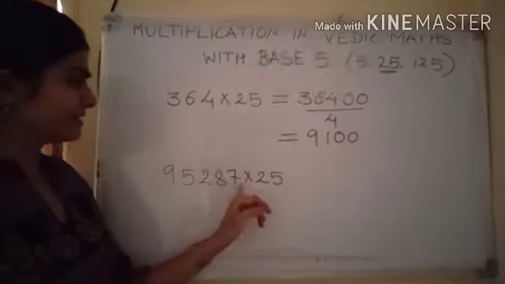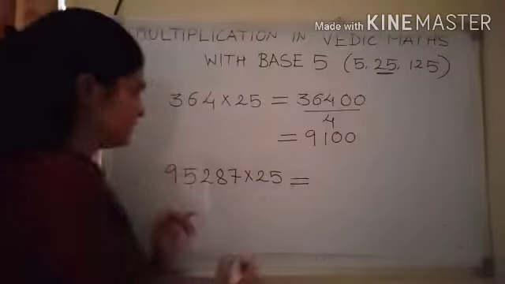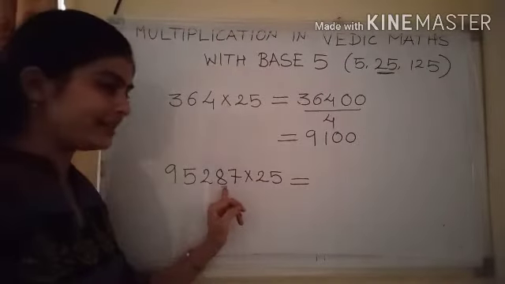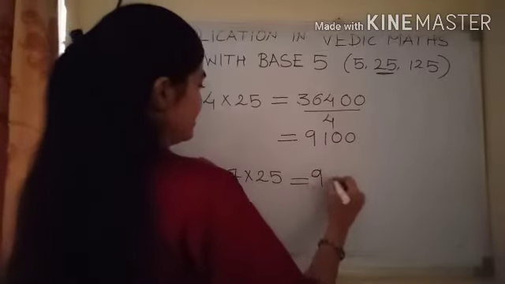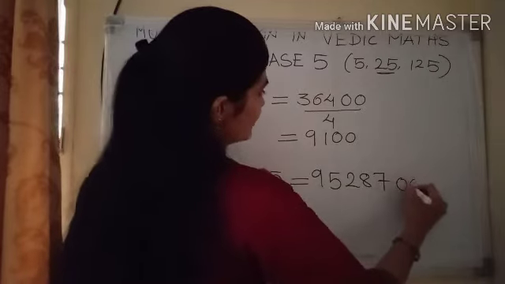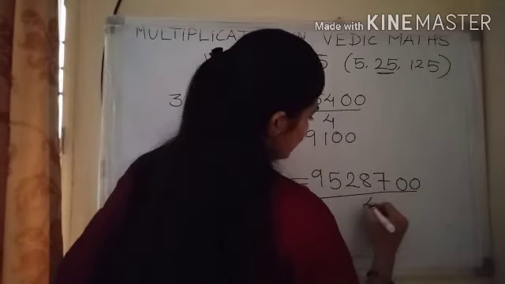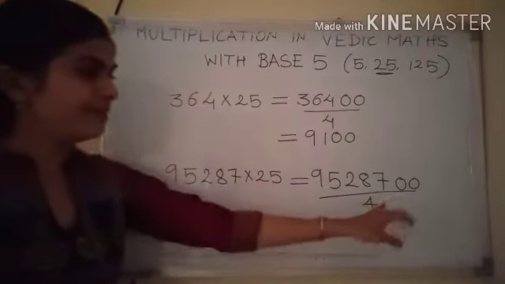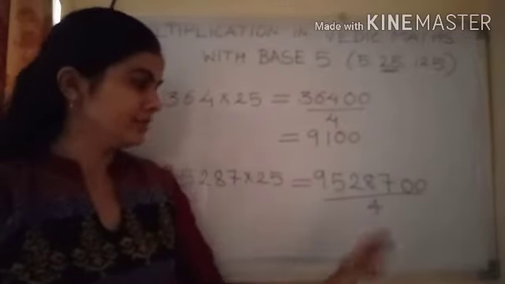Now let's take one more example, that is 95287 into 25. So can we write it? 9528700 divided by 4. We can divide it by 4, right?